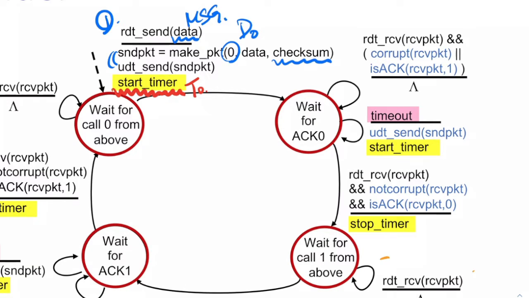And then we go to this part. Currently, the sender is waiting for ACK number 0. However, right here, timeout is a new event to this finite state machine. So if T0 times out, we will get such an event.